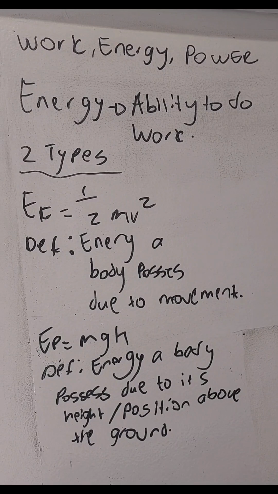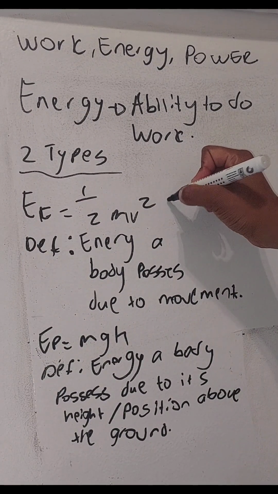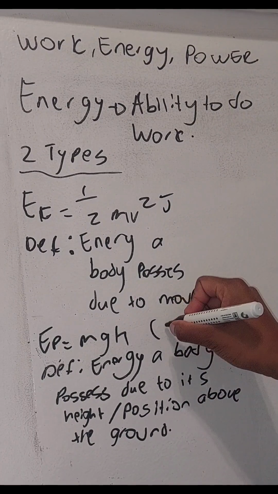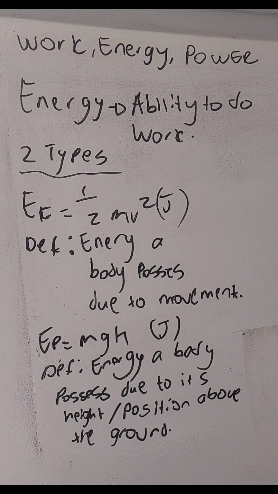So energy is the ability to do work, and we have two types of energy: kinetic energy, which is energy a body possesses due to its movement, and potential energy, which is energy a body possesses due to its height or position above the ground. Here is the formula. It's also measured in joules, just like work. Its symbol is joules.